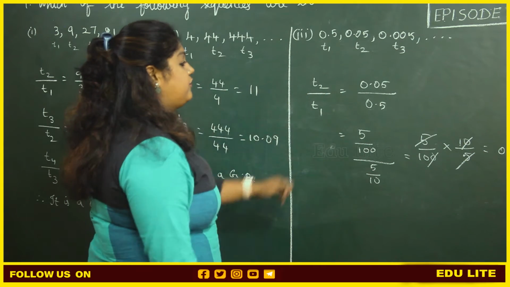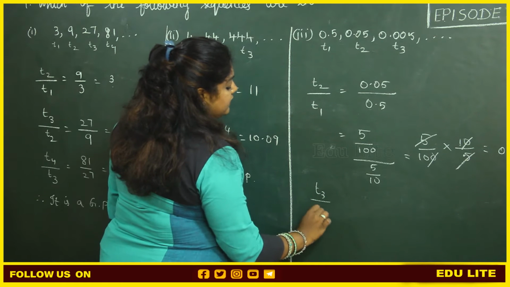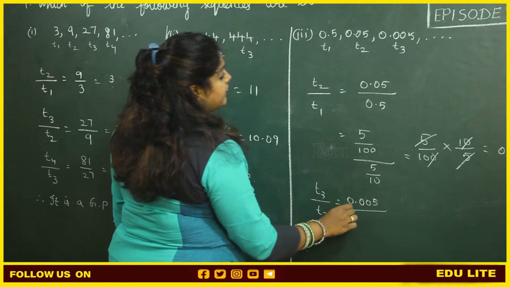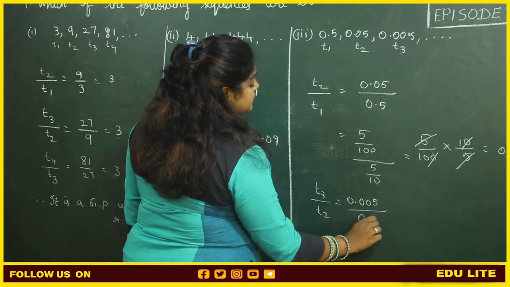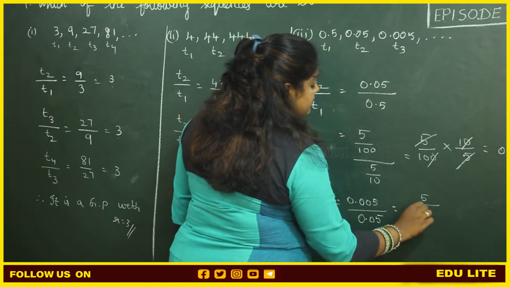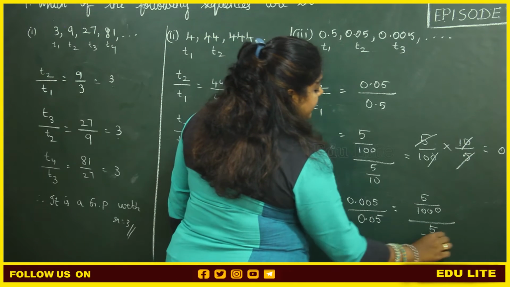We will check for the next two terms. The next two terms is T3 by T2, T3 value is 0.005 divided by T2 value is 0.05. This we can write as 5 by 1000 and this one we can write as 5 by 100.